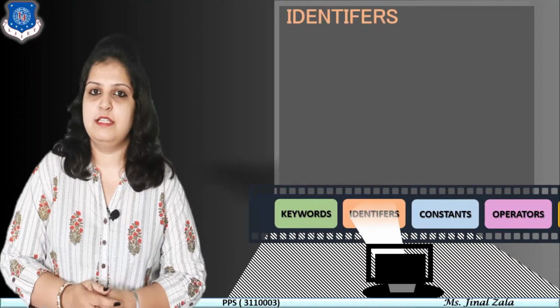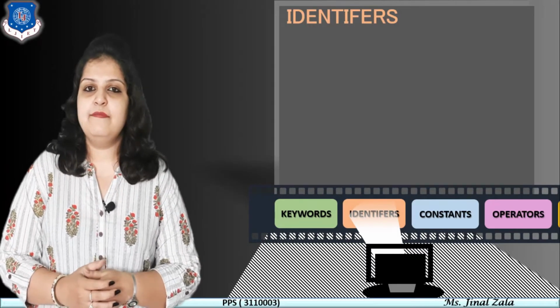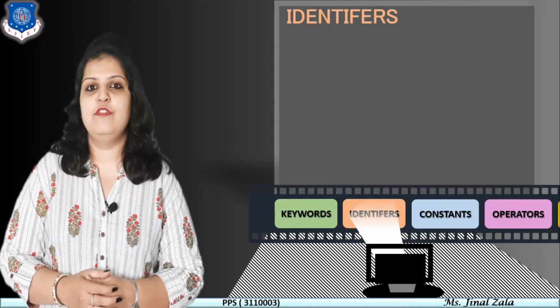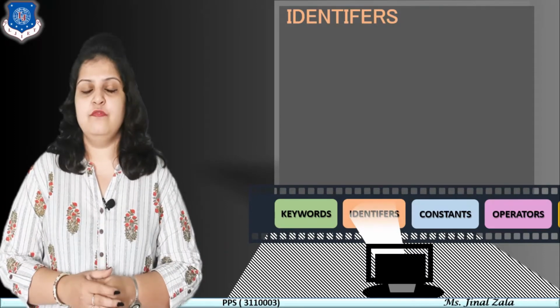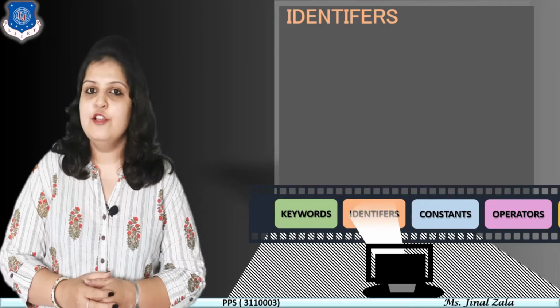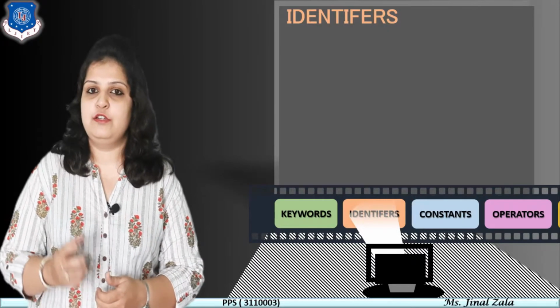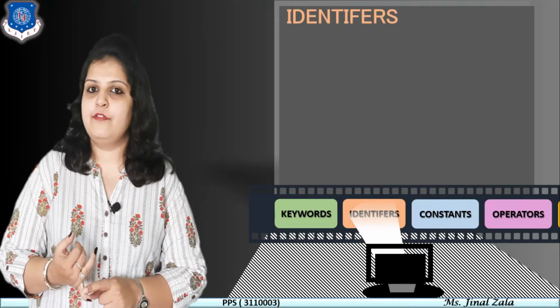Now next, the second token is an identifier. What are identifiers? Identifiers are nothing but our variable names. In the practical session we wrote one program to find the area of a circle, right? For that we took two different variables: A for area and R for radius.